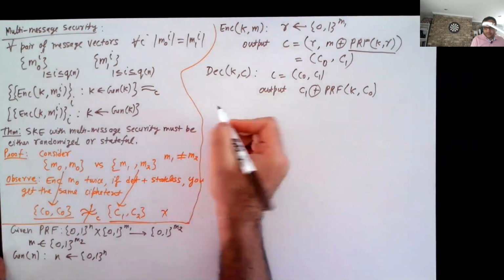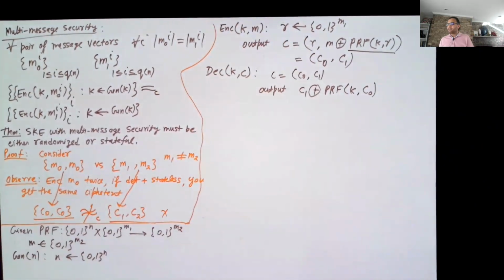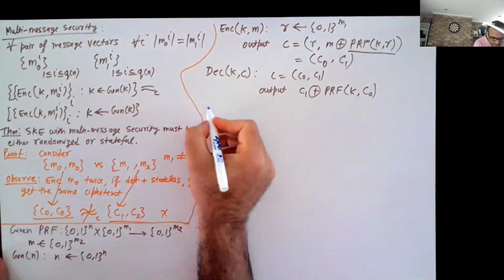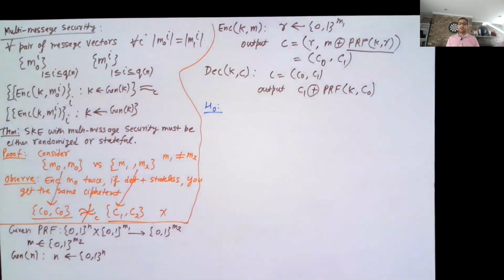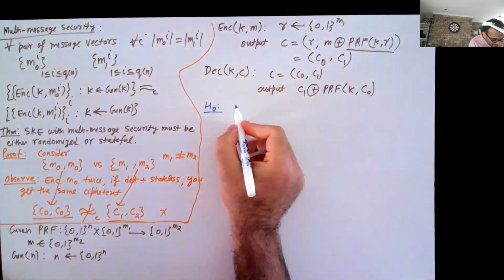So let's try to construct several different hybrids. And again, keep in mind that we are encrypting multiple messages, not just one in the security game. So hybrid 0 is just our initial distribution.